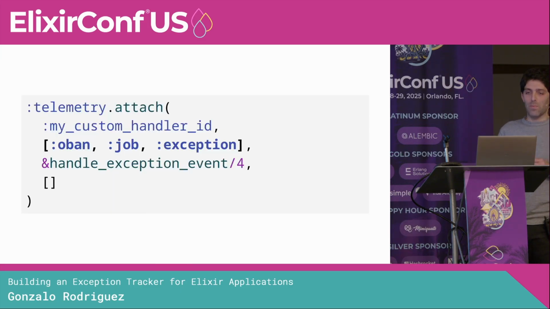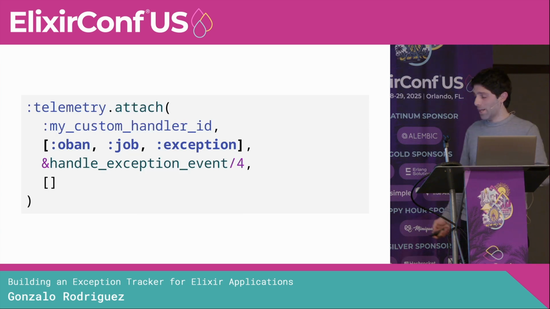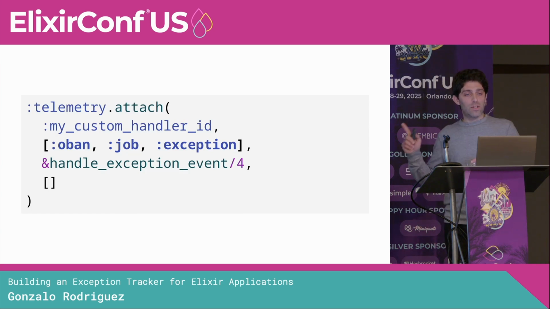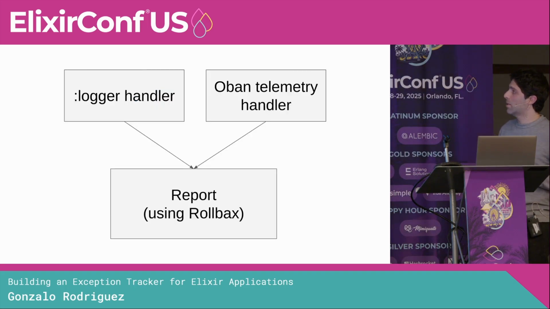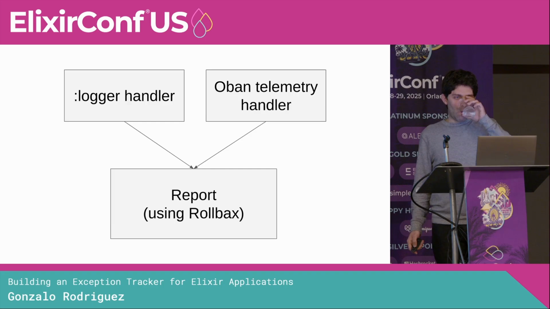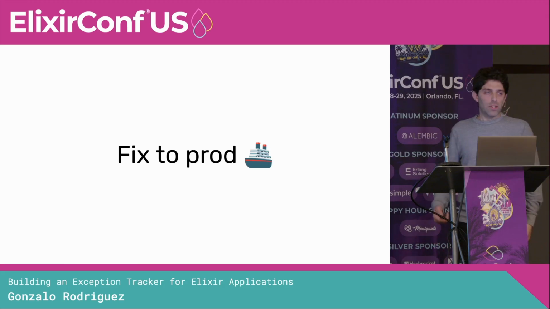So we added a telemetry event handler matching on these events that calls the same report functions that we were calling from the logger handler. So we ended up with something like this. Fixed to production.